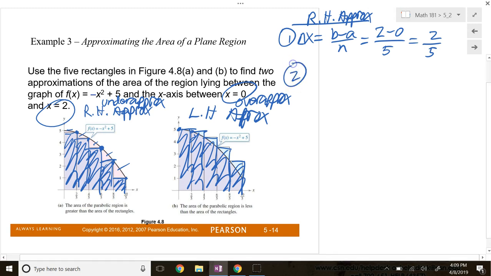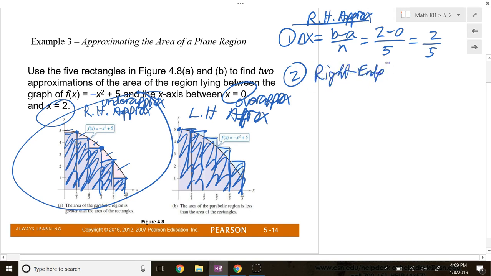Number 2, I'm doing this one right here. So when I write this out, all my right endpoints will be 2/5 times i. Because I'm going to use 2/5 and then 4/5, 6/5, 8/5, and 10/5 for my x value, plugging in to give me the height there.